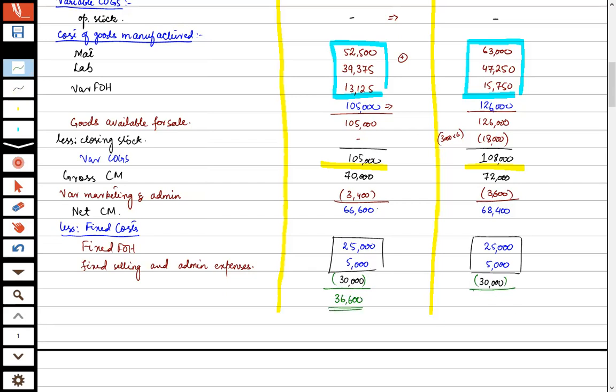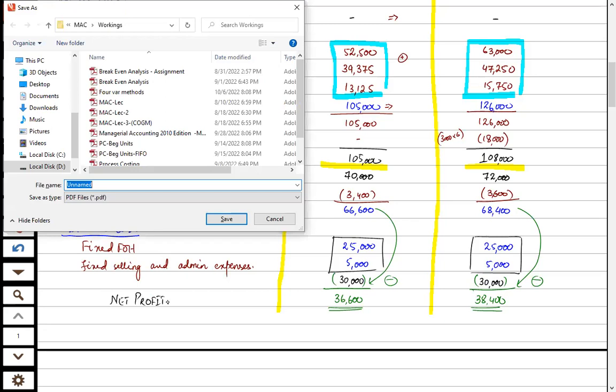And 68,400 minus 30,000 would be 38,400, and it is the net profit. So this would be the sequence of any statement under marginal and absorption costing.